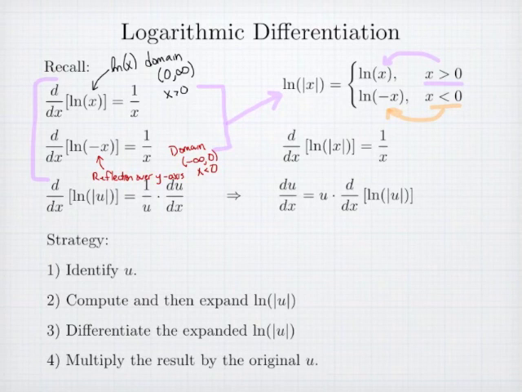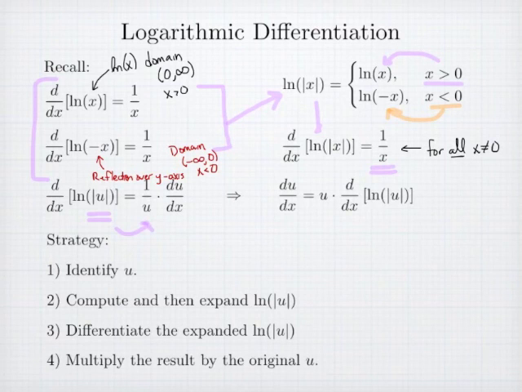When I now take a derivative for either x greater than 0 or x less than 0, both of those functions give the same derivative. And suddenly we have a new formula that is valid for all x, at least all x not equal 0. The chain rule still works, and so even if I include the absolute value of u, I still get the same formula for my derivative.